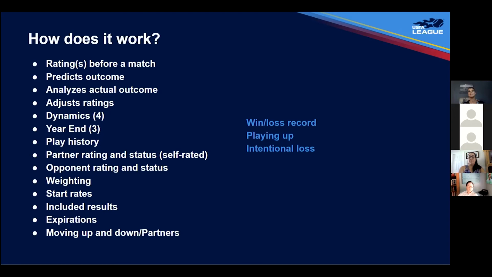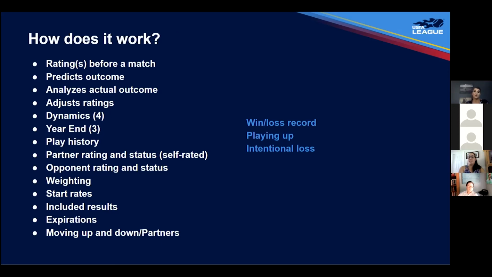So those are completely separate data sets. They're separate algorithms, and they are handled separately. They are not mixed together to calculate a rating. Expirations. So players under 60 years of age expire after 3 years of no activity. Players over 60 years of age or self-rated players with no activity will expire after 2 years.